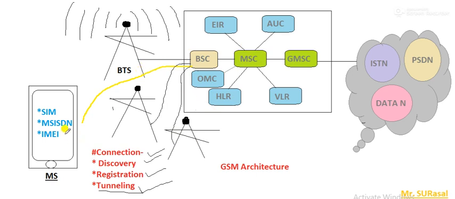Right now, suppose this mobile station is in range with this BTS. In this manner I hope you have understood the role of the BSC, which manages multiple BTSs. I'm just removing all those other BTSs.